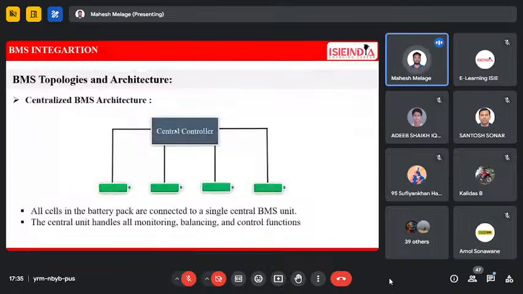The next is the centralized BMS architecture, where the battery pack cannot use different BMS units. Only one BMS is used, and each cell is connected to this BMS for monitoring, balancing, and controlling functions.